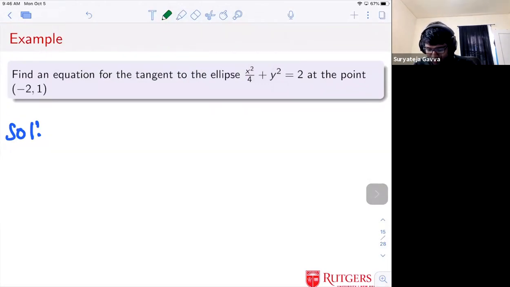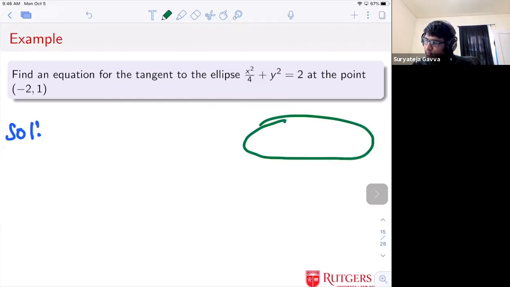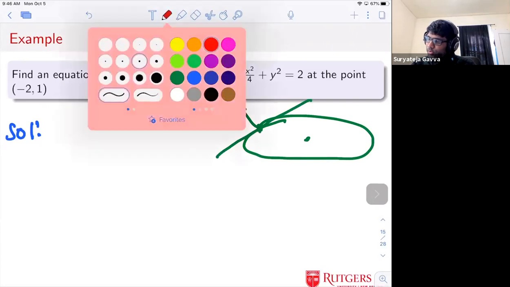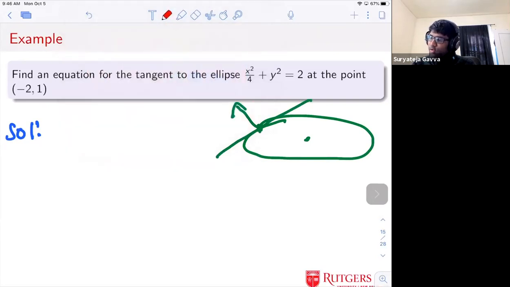But before, what is this curve? This would be some curve like this. And you want to get the tangent vector at this point, so this is the line that you want to compute.